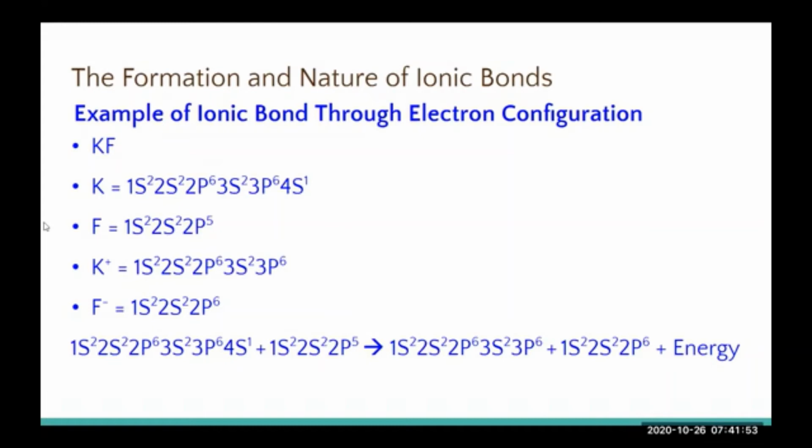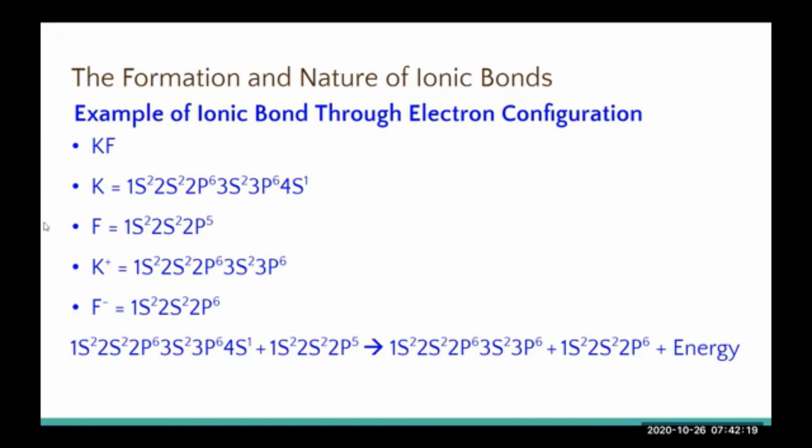So they each want to look like a noble gas. If you look at potassium and fluorine, they're both really close to a noble gas configuration. Potassium just needs to lose its 4s1 to mimic argon.